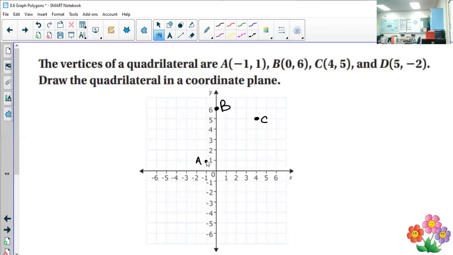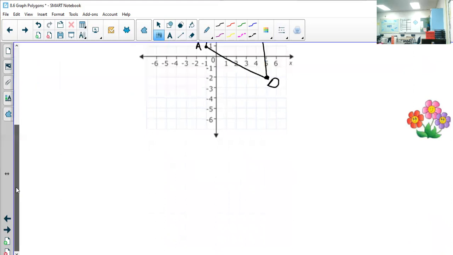So over 5 and then down because it's -2. And then once we have all 4 points labeled, we just connect the dots. And here we have a 4-sided quadrilateral. There you go. That's it. Okay? Let's see, what else are they going to have us do?